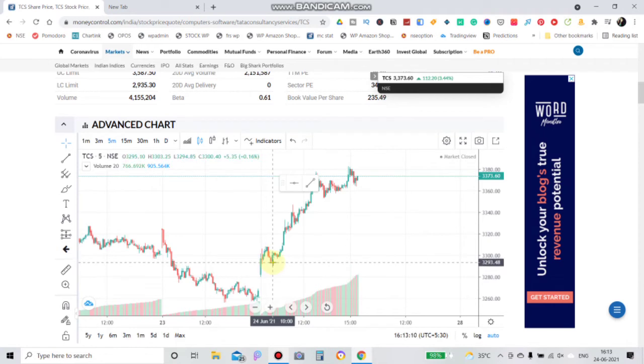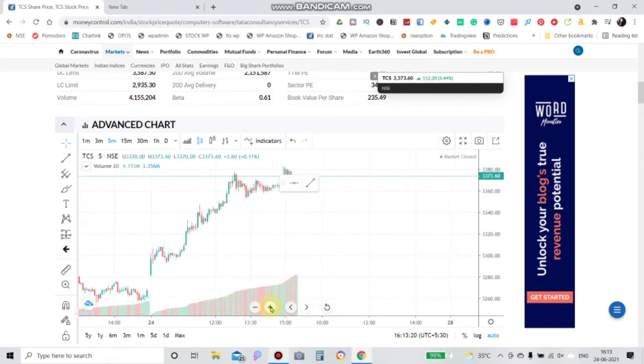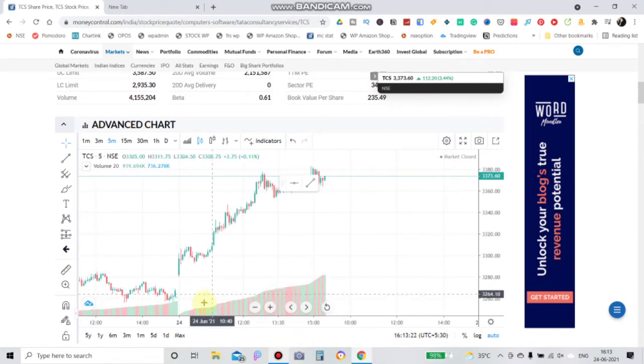So at 10 o'clock we should be ready to take a trade in whatever stock you have chosen. As you can see here, the volume has been increasing for the bullish side.